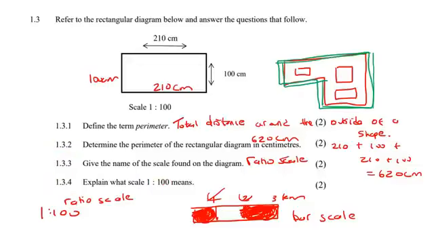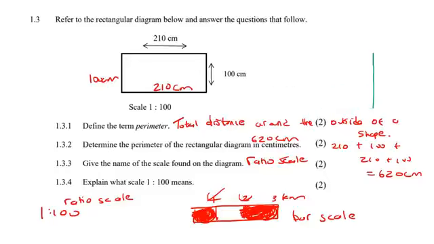This question says, explain what 1 to 100 means. Okay, so we've done scales before, and what we know is that this here is the distance on the map or on the drawing, for example. And then this would be the distance in real life.